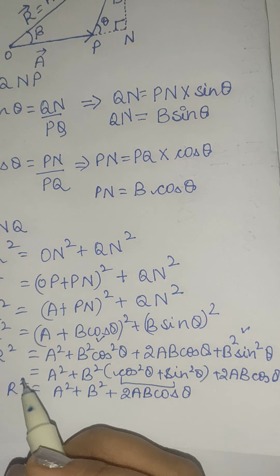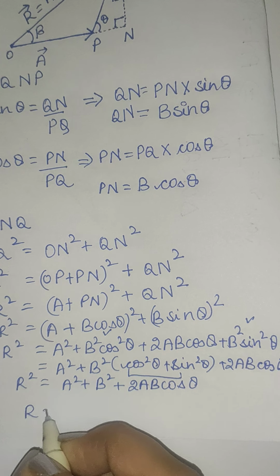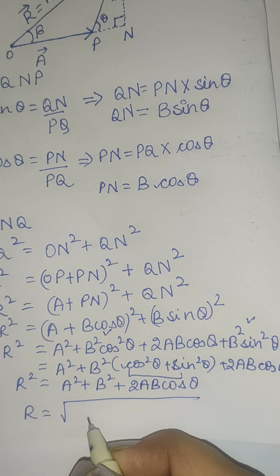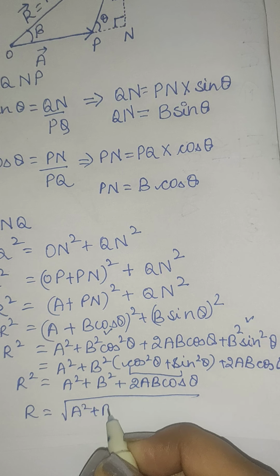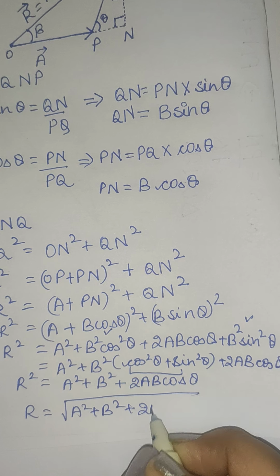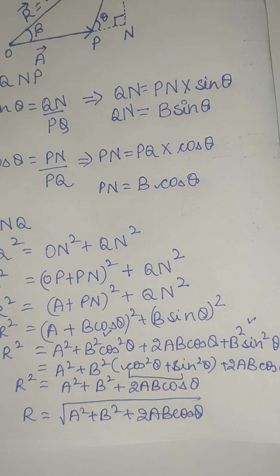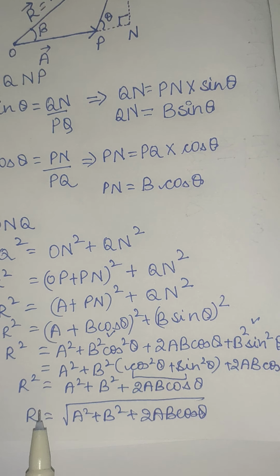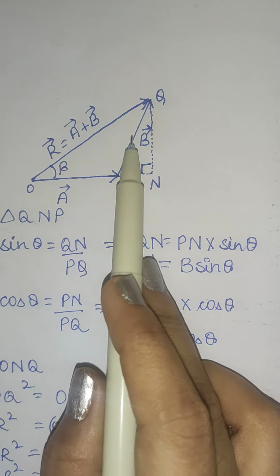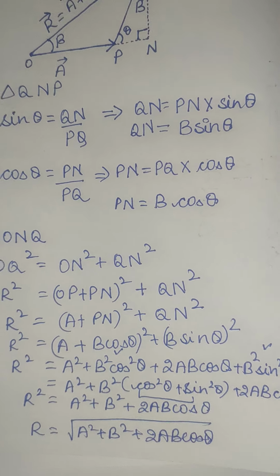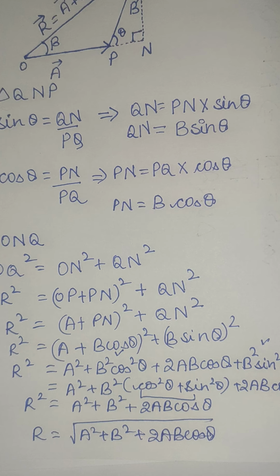And if I take the under root, I get R is equal to under root A square plus B square plus 2AB cos theta. This gives me the value of resultant for two vectors A and B. Hence, in this video we have found the value of magnitude of the resultant. This was very simple.